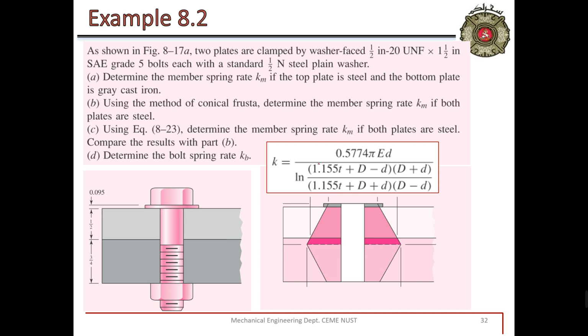Once we know the stiffness of the member and the stiffness of the bolt, we can calculate the amount of force resisted by the bolt and the amount of force resisted by members. And which force? Axial force. Up till now, we have not studied any shear force in the bolt.